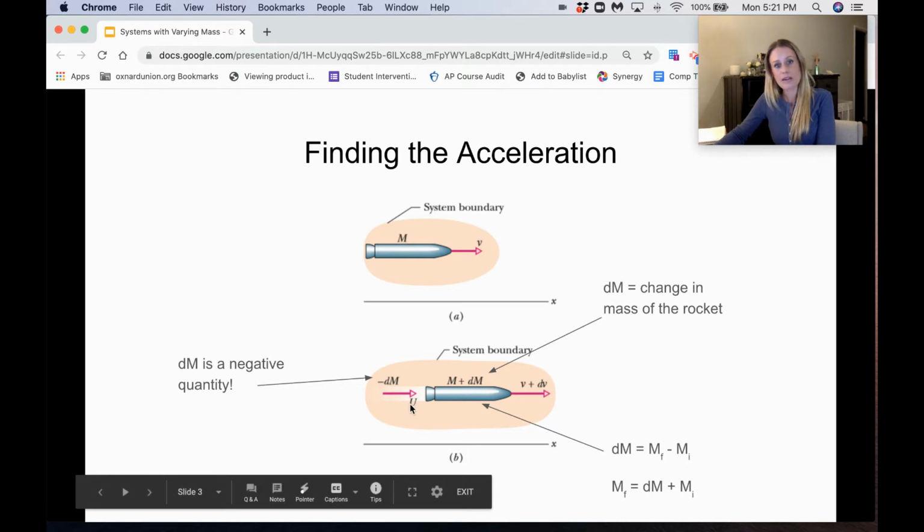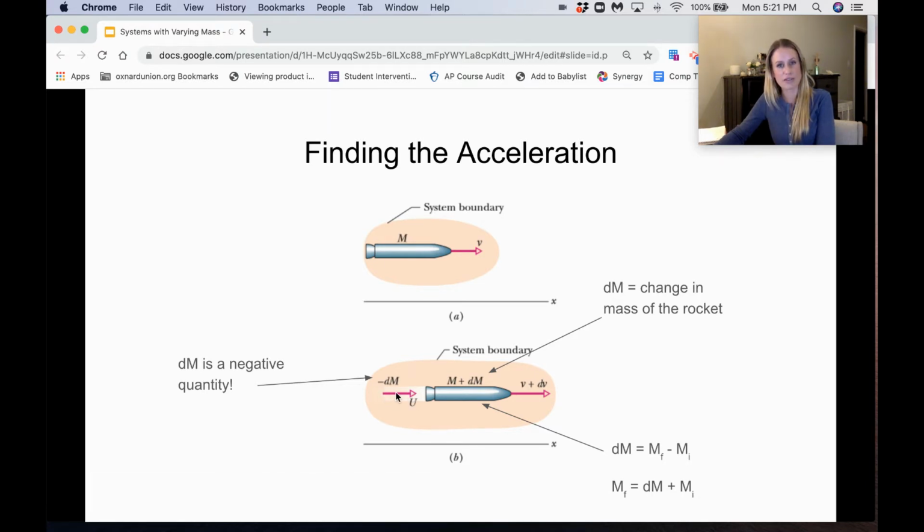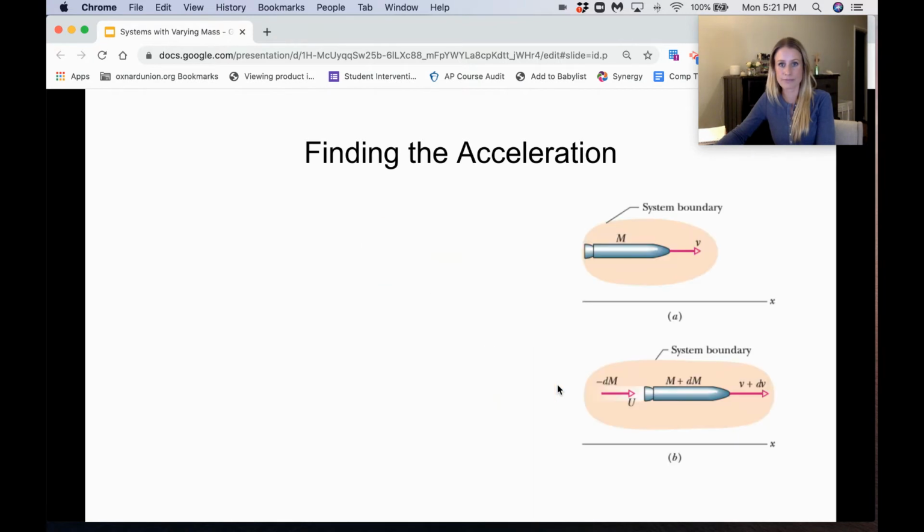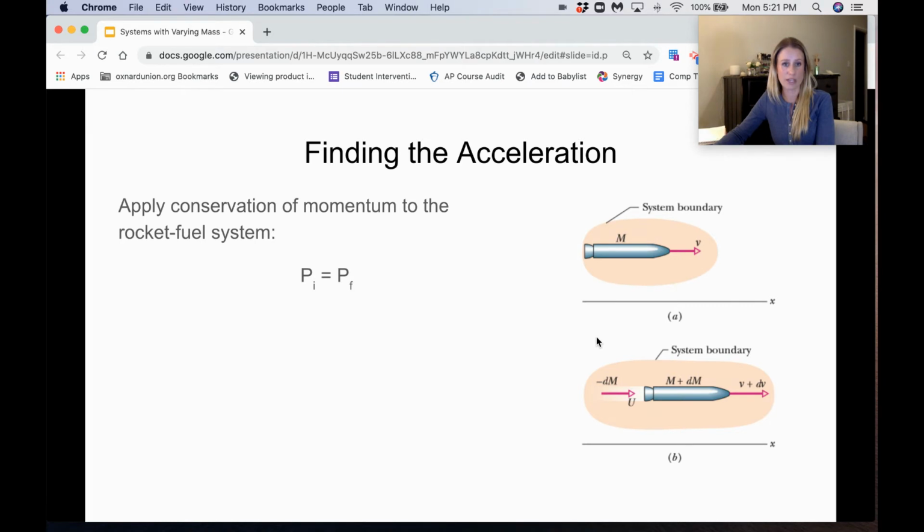U right here is the velocity that we're observing of that fuel. And then our new velocity of the rocket is going to be v plus dv, where v is the original velocity, and then we have an added change in velocity there as well. So again, same picture right here. And now what we're going to do is we're going to apply the conservation of momentum to the rocket fuel system. So we have an initial momentum equals final momentum.